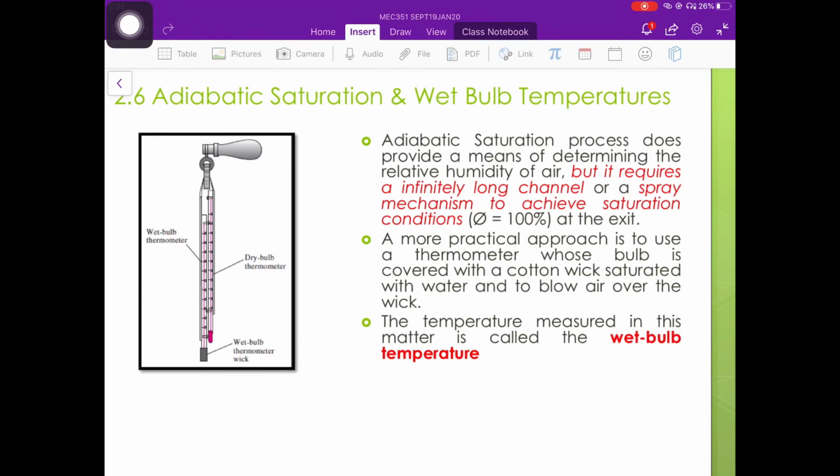Although by using the adiabatic saturation process, we can determine the relative humidity of air and also the specific humidity of air, a more practical approach is to use a thermometer whose bulb is covered with a cotton wick saturated with water, which is similar to the sling psychrometer. The temperature measured by using this approach is called the wet bulb temperature.